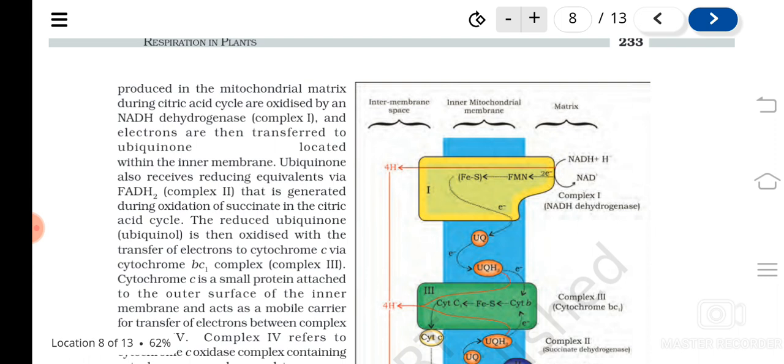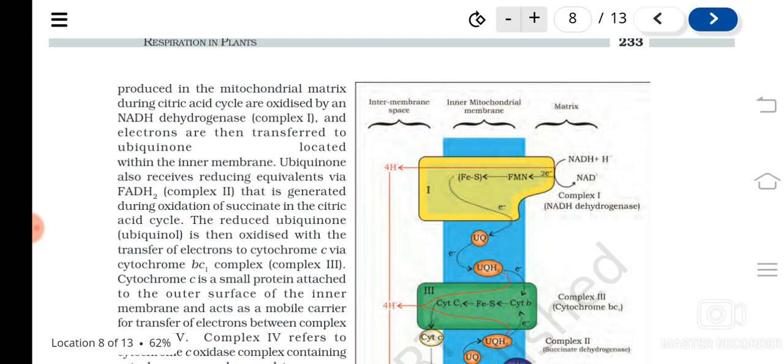So the NADH2 gives its electron to what? NADH dehydrogenase. That is complex 1, and the electrons are then transferred to ubiquinone. That is also located within the membrane only. Ubiquinone can also take the electrons from FADH2.